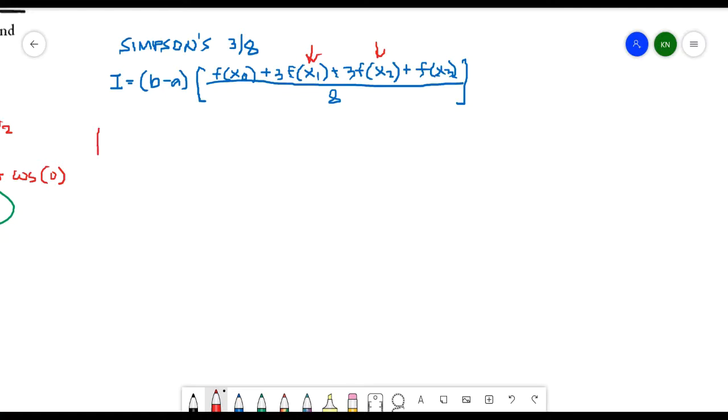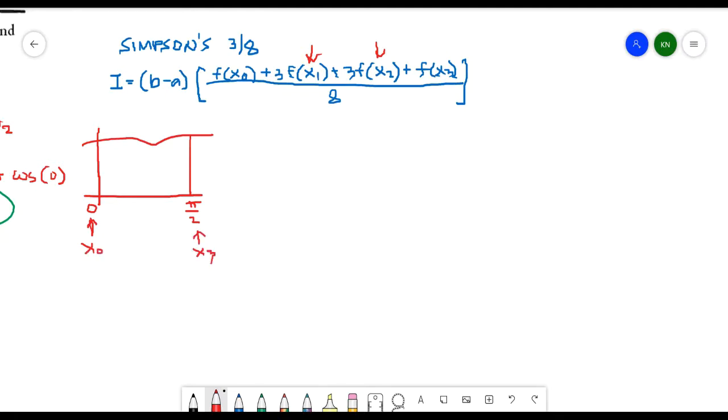So let's try to create a graph for that one. Again, this is 0 and this is pi over 2. This is already our x sub 0 and this is already our x sub 3.